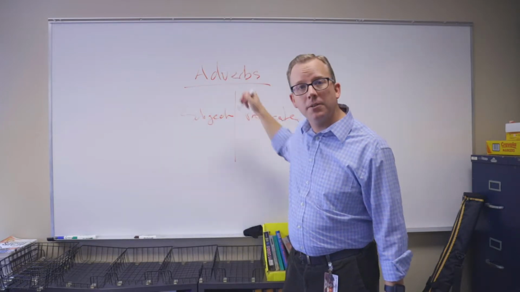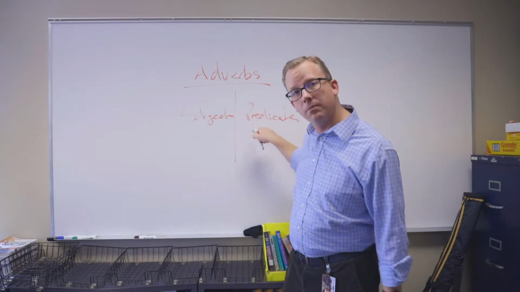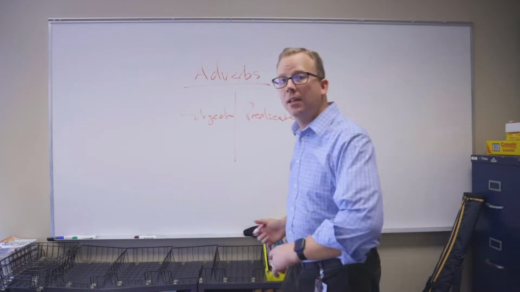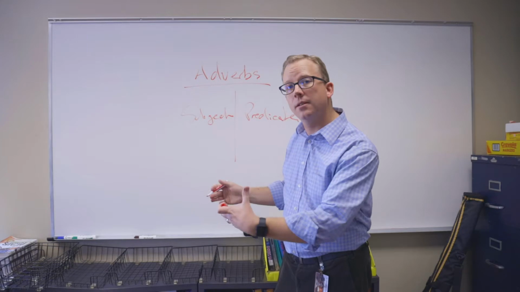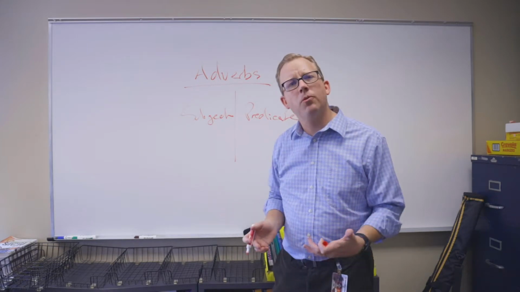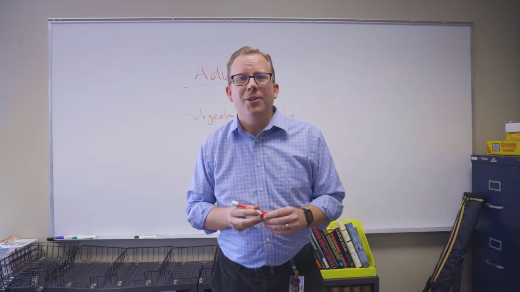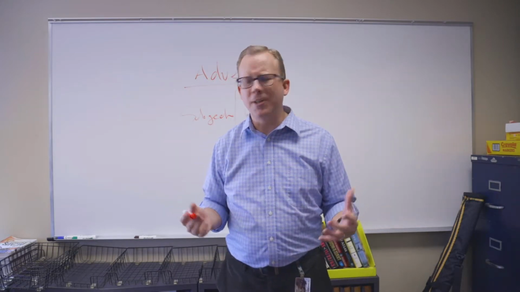Because an adverb can describe a verb, you can have an adverb in the predicate. It can show up anywhere in the sentence. It can be immediately in front of a word or a group of words that it's describing. It could be immediately after it. You can see how this can be kind of confusing.